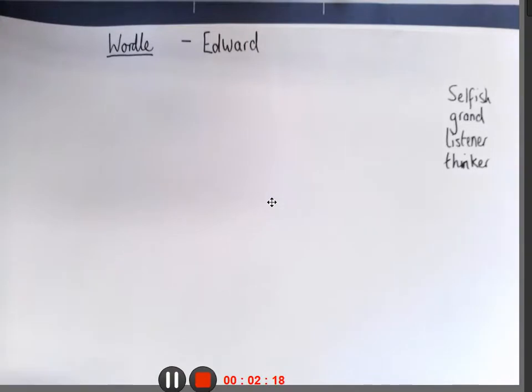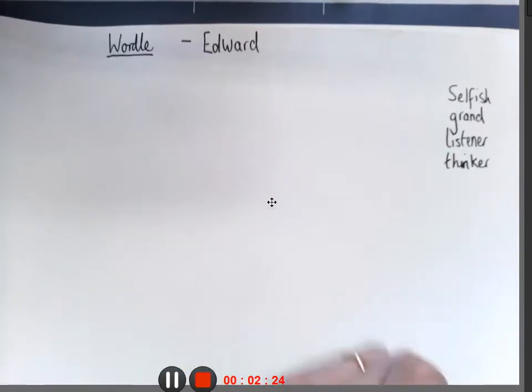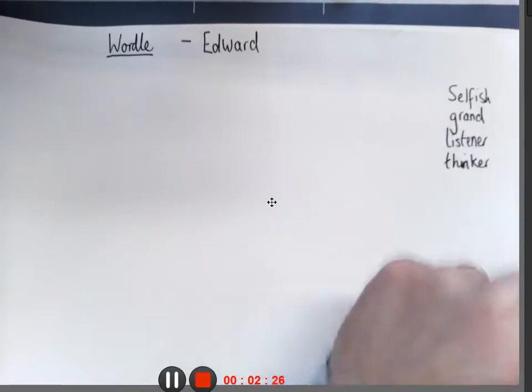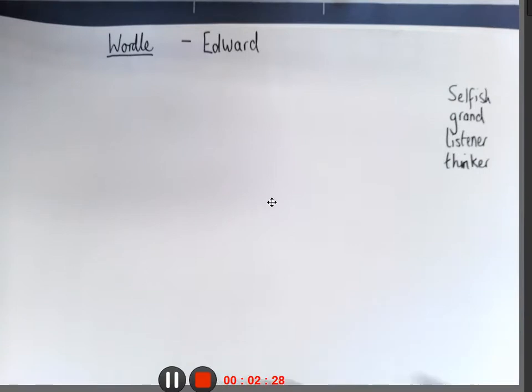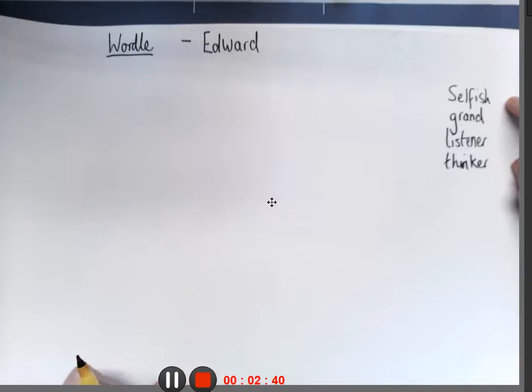Now, a Wordle. I am now going to think of these words in regard to Edward and how much they are true of Edward. Now, the word selfish, at the start of the story, Edward was incredibly selfish, wasn't he? He was very selfish. So I'm going to write this word in my Wordle, and because he was incredibly selfish, I'm going to write it quite large.